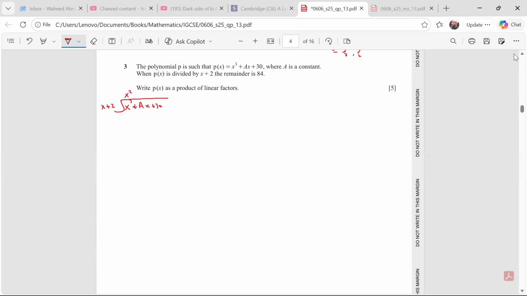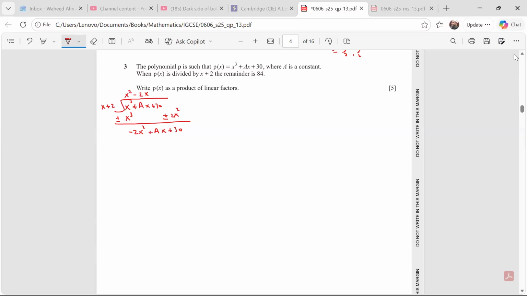This is x square, so x cube plus 2x square. When I subtract, minus plus minus, this cancels. I will have minus 2x square plus ax plus 30. Okay, next I will multiply by minus 2x.